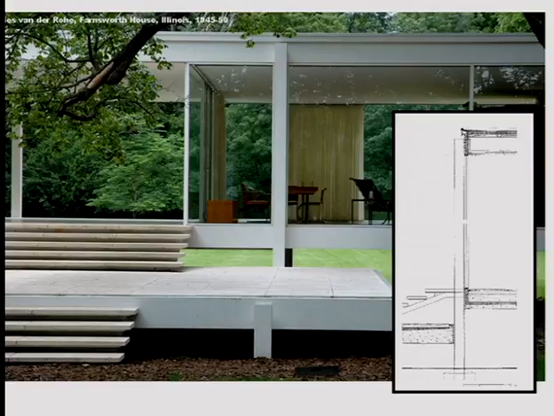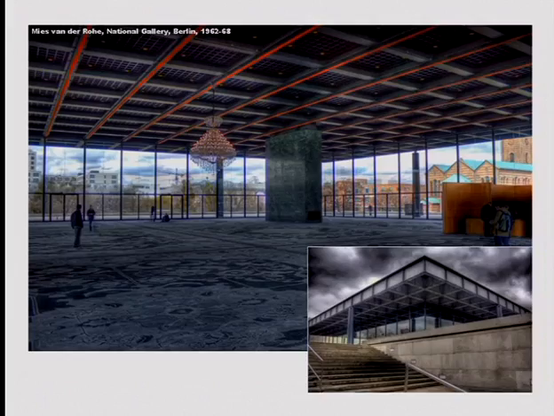There is a control of all the operations, so you don't see bolts sticking out here and there. Everything is reduced to the minimum. So with welding, all these hollow sections are actually covered with another plate to make sure you feel the solid material. Then it's painted white, and the structure becomes the architectural part of it.